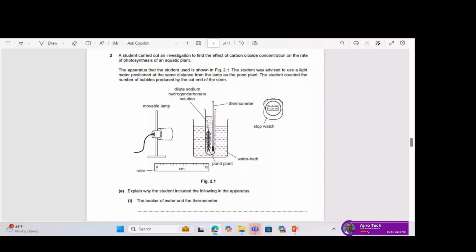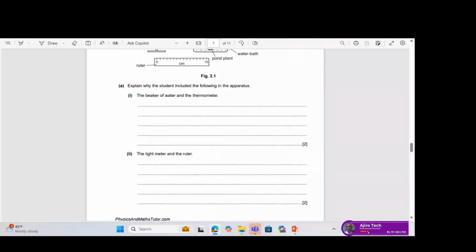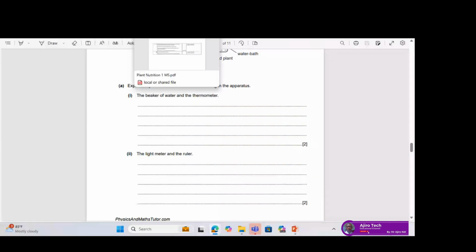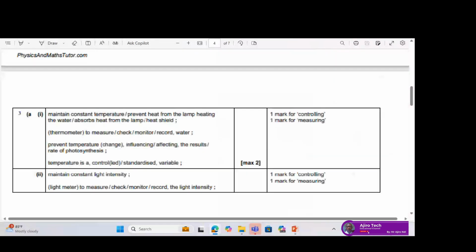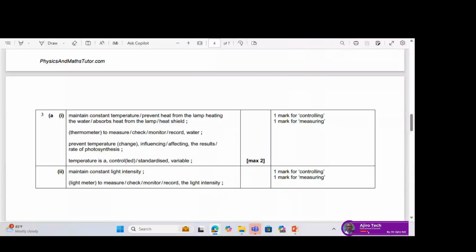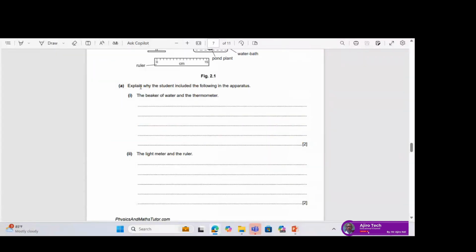Okay. And we tried dealing with the first and second, right? And we said that for the first question, asking to explain why the students included the following in the apparatus, the beaker of water and the thermometer, we tried to give reasons.